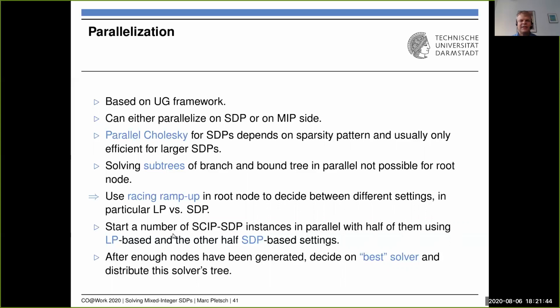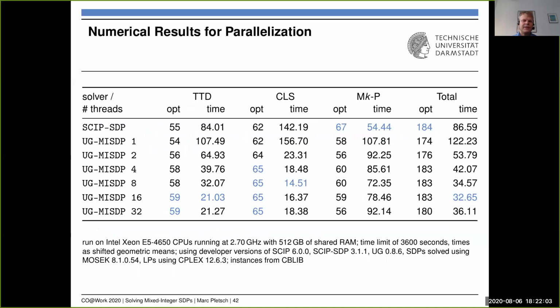So it starts a number of SCIP-SDP instances in parallel, and half of them are using LP-based approaches, and half of them the nonlinear SDP-based. And after enough nodes have been generated, it decides on the best solver and then uses this setting for the remainder of the tree.